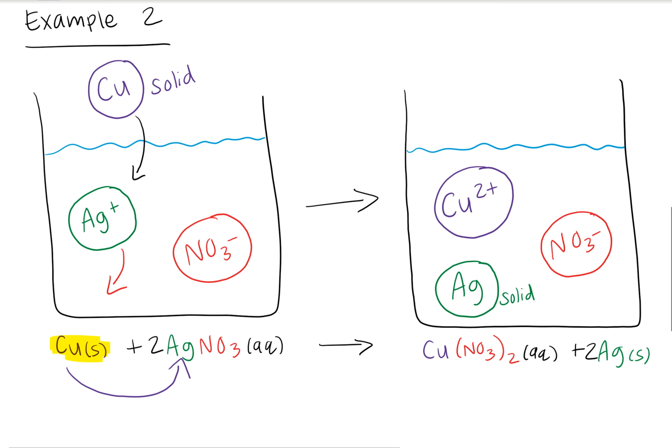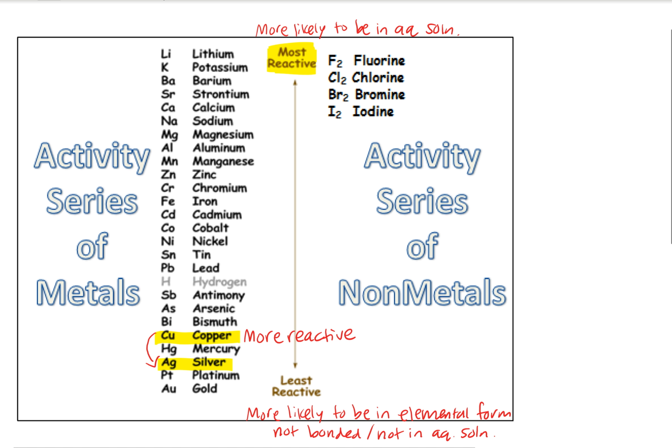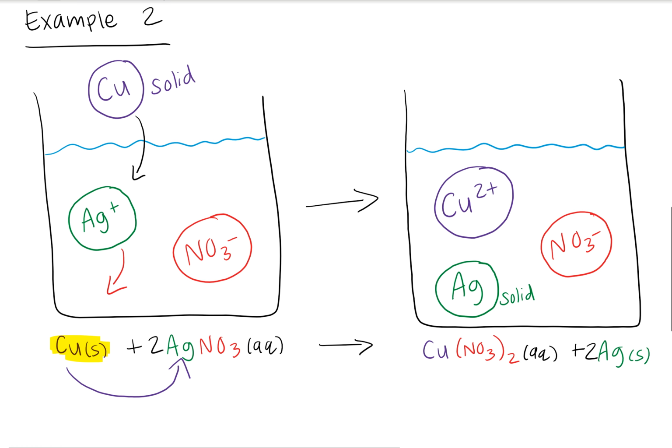Again, yes, this can happen because on our activity series, copper is higher, meaning copper is more reactive and can replace the silver in our solution. And so now it's the copper that's bonded to our nitrate because copper is more reactive. It likes to bond to things. And the silver is now by itself because it's the less reactive metal, and less reactive metals are going to tend to stay in their elemental form, not bonded to anything else.